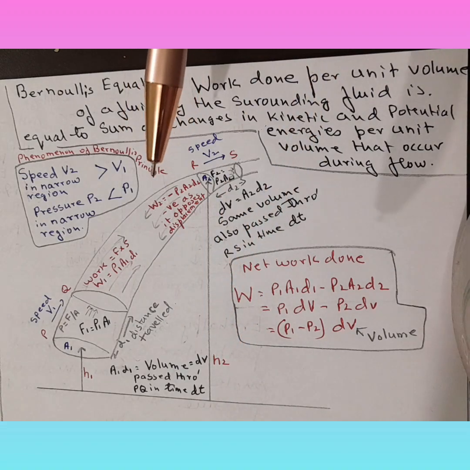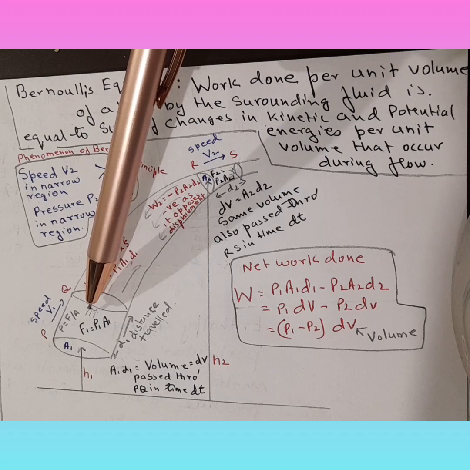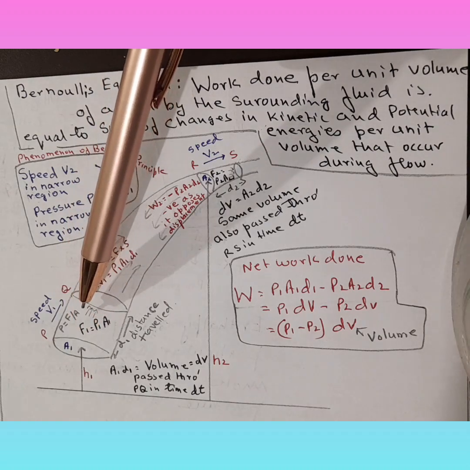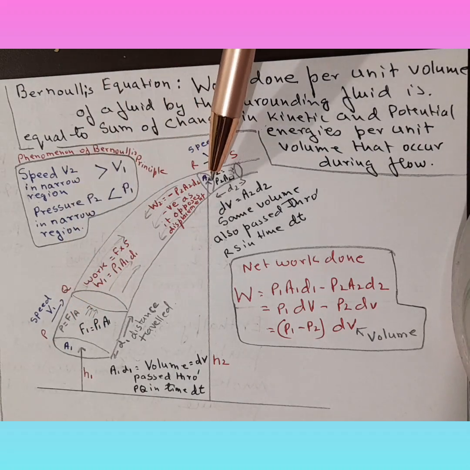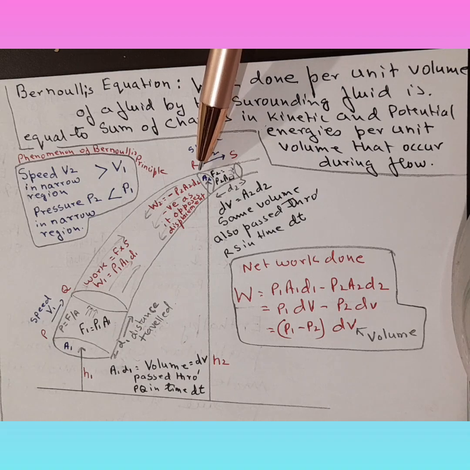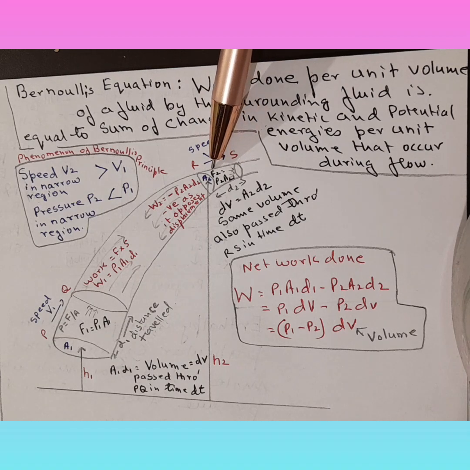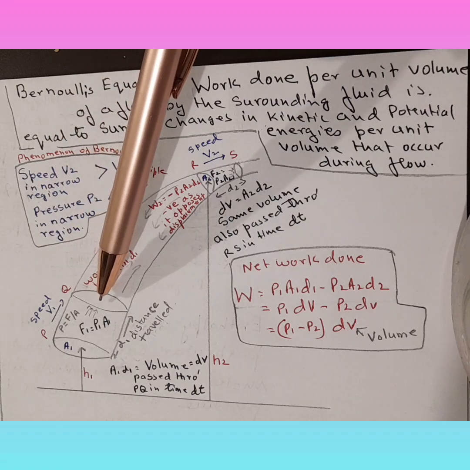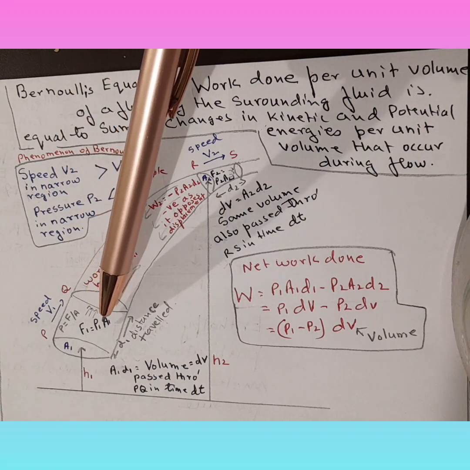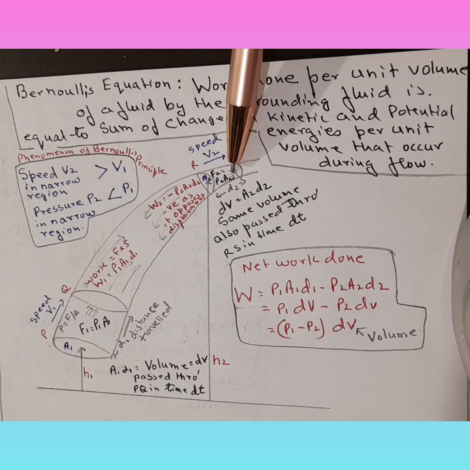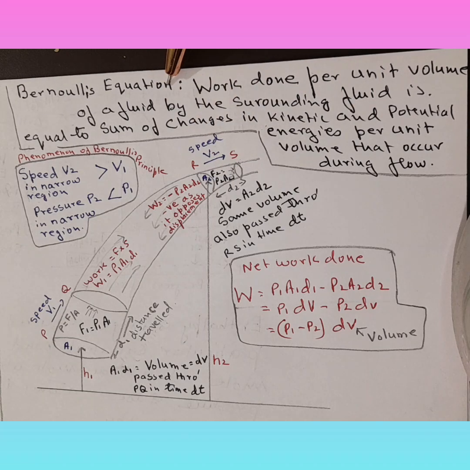The difference between the work done by flow of fluid via column PQ and via column RS is equal to the difference in potential and kinetic energy of these two columns. That's what Bernoulli's equation is. That's what we have got to prove.